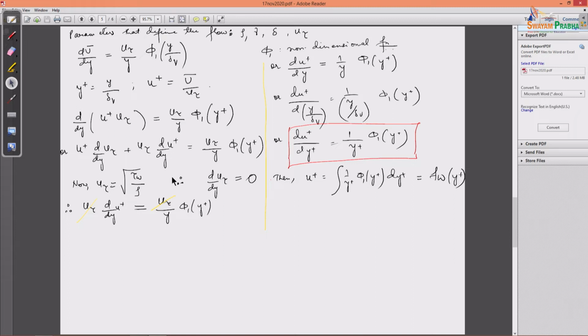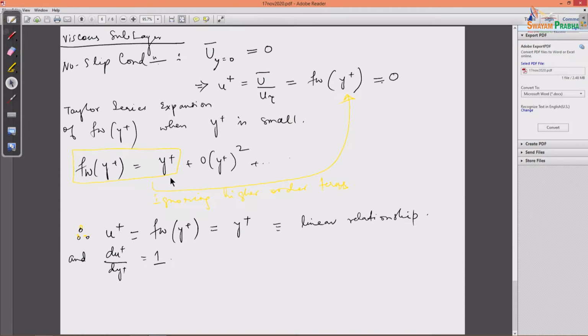Then we came to the viscous sublayer and looked at some relationships valid there. We found that in the viscous sublayer, u plus, which is a function of y plus, is equal to y plus. This is a linear relationship, and du plus by dy plus is equal to 1.